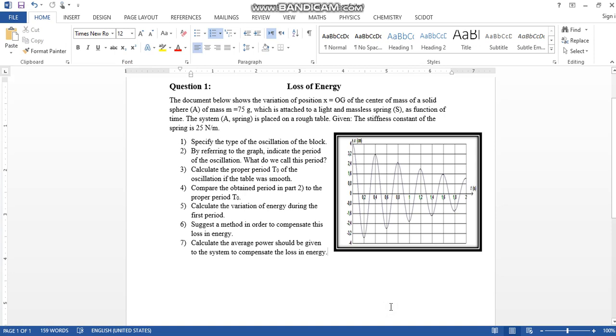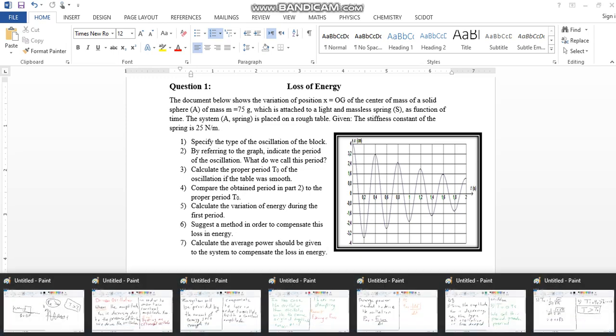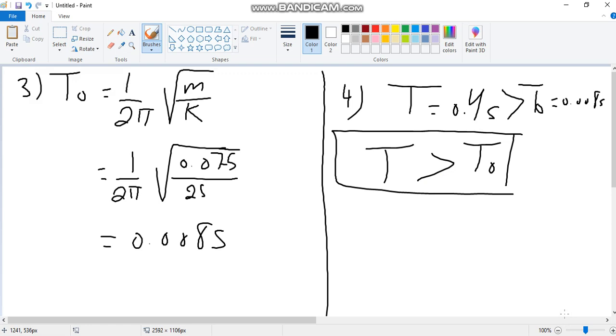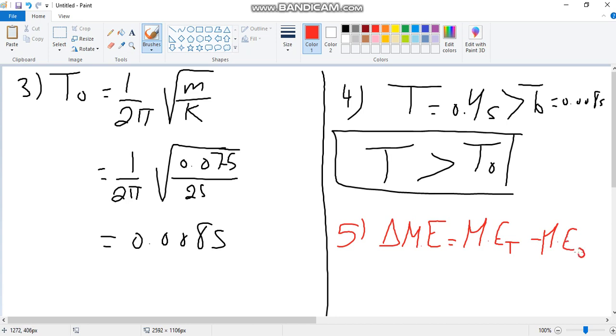Now we move to part 5: calculate the variation of energy during the first period. They ask for the variation of energy, specifically the variation of mechanical energy during the first period. We know that the variation of energy, delta mechanical energy, is equal to the final mechanical energy, at period 1, minus the mechanical energy at t equal to 0. We mean the mechanical energy at t equal to 0.